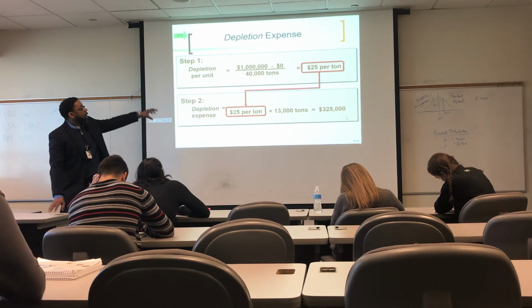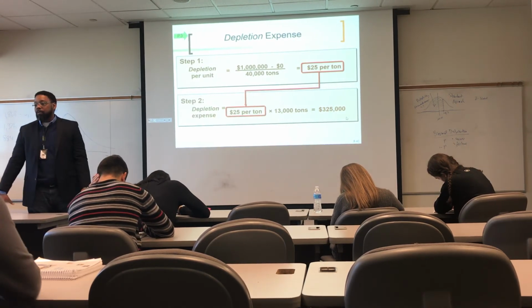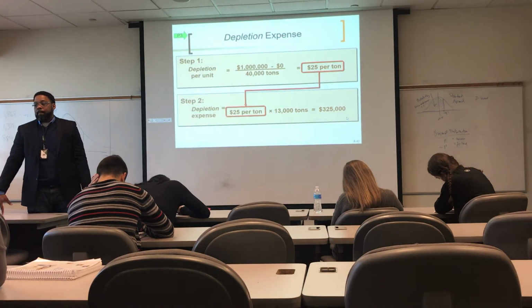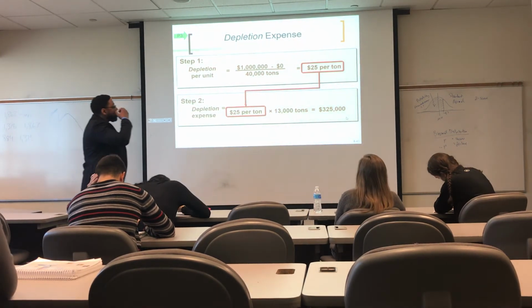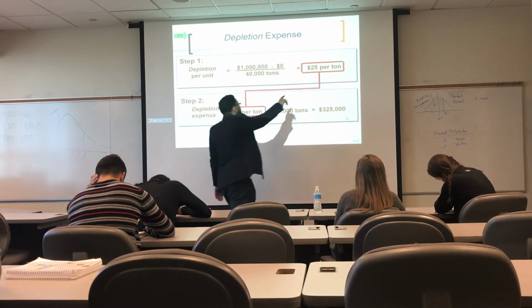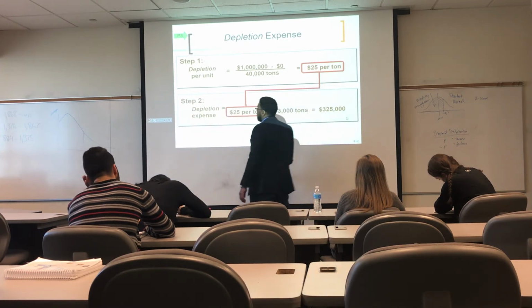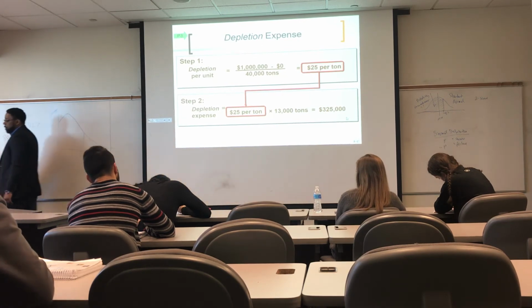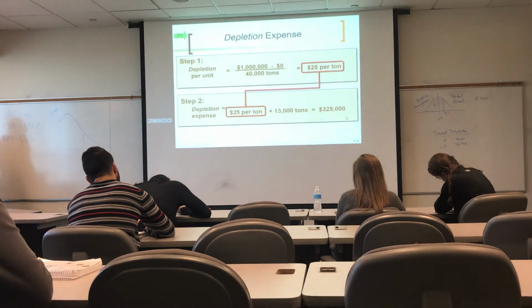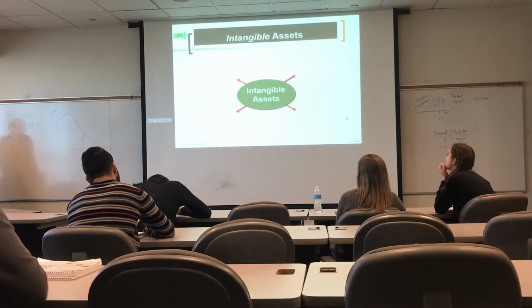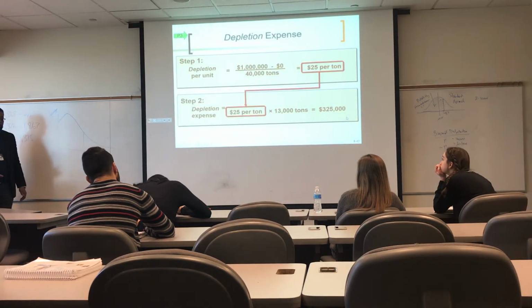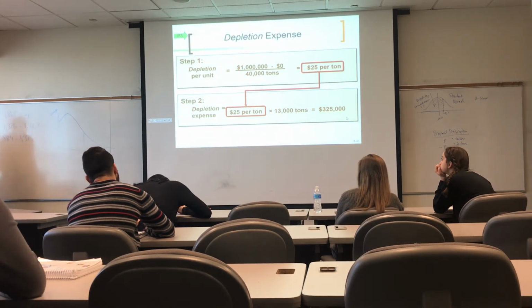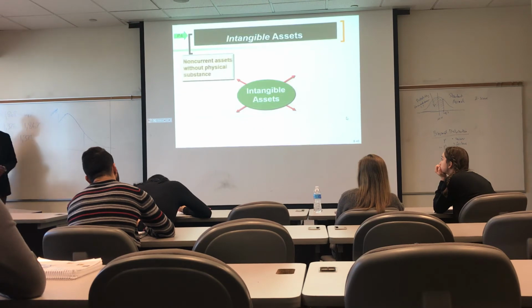So if it's a mine, they think they can get 40,000 tons from it, so they're going to deplete this asset by $25 per ton. Every time they take out a ton of ore, they're going to recognize $25 of depletion. Everybody with me? Yes. Okay, good. Next is amortization.